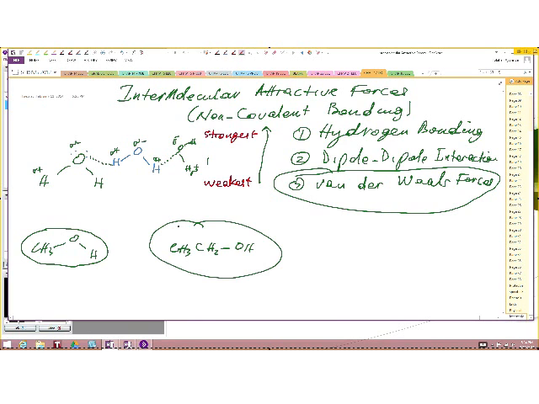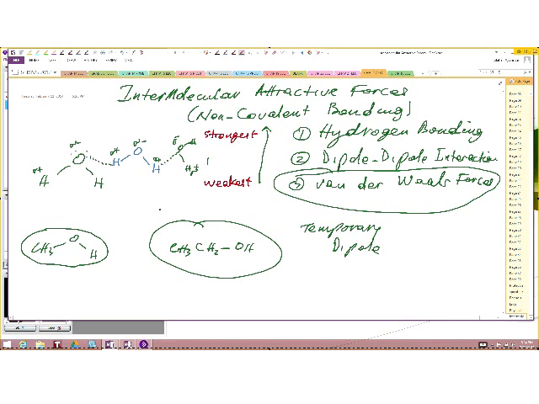Molecules, you could think of them as almost an envelope of electrons. You have electrons surrounding them. All of these electrons are moving around, and as they move around within the molecule, they form what we call temporary dipoles. The bigger the molecule is, the greater the chance of forming a temporary dipole.